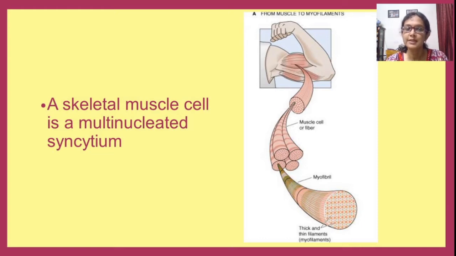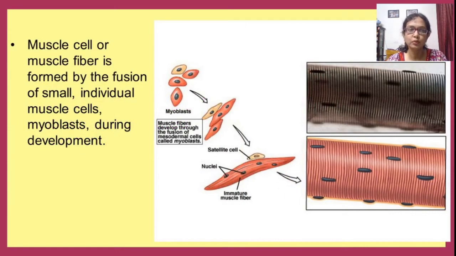But the muscle cells are multinucleated. That means a syncytial cell. You know the term syncytium. So multinucleated. So why are they multinucleated? We have to go to their development.